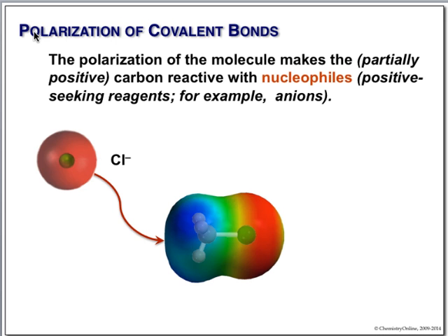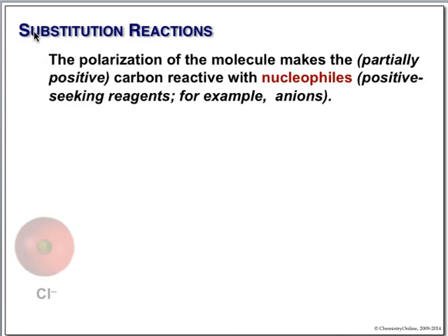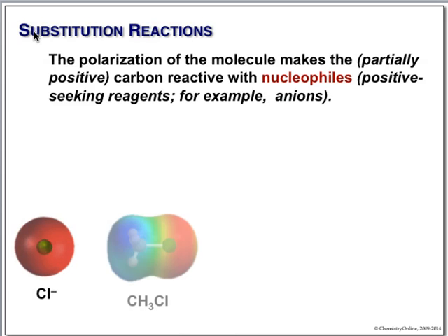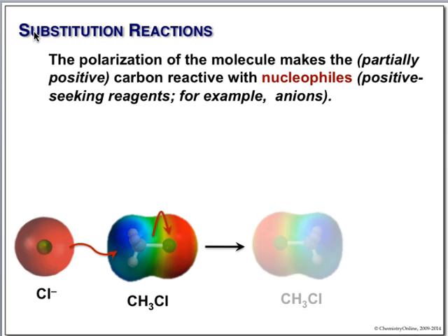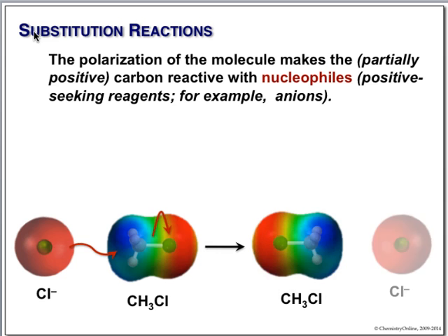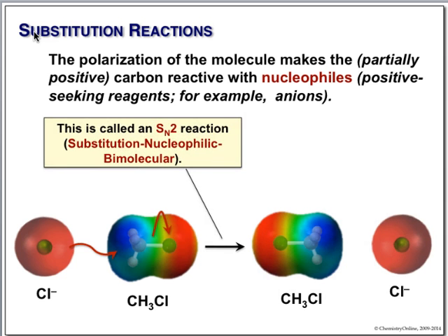This is a very simple substitution reaction. The whole thing would look something like this. Chloride as our nucleophile, chloromethane here as our electrophile. This is the electrophilic center here. Chloride attacks. As it does, the bond to the other chlorine breaks, and we wind up with chloromethane and another mole of chloride anion.